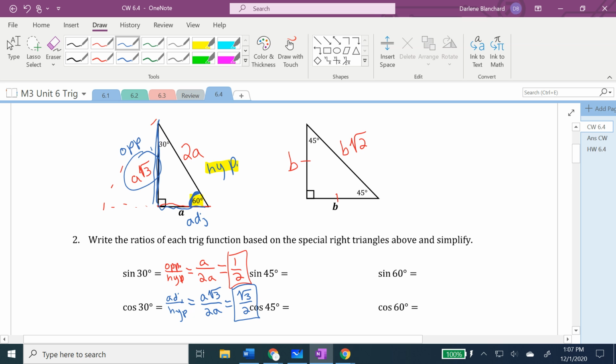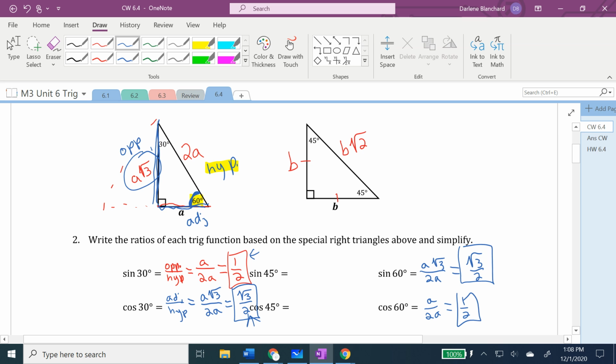So when I do the sine of 60 degrees, I'm getting opposite over hypotenuse, which simplifies to root 3 over 2. And yes, same exact thing as we got right there. The cosine of 60 degrees, adjacent over hypotenuse, is A over 2A, which reduces to 1/2, just like this one.